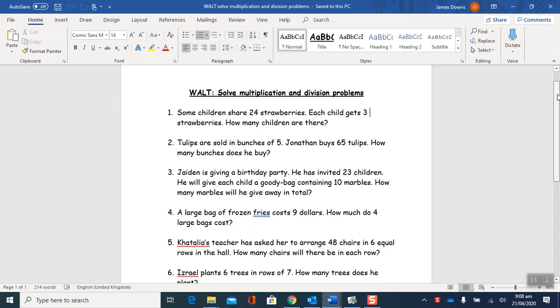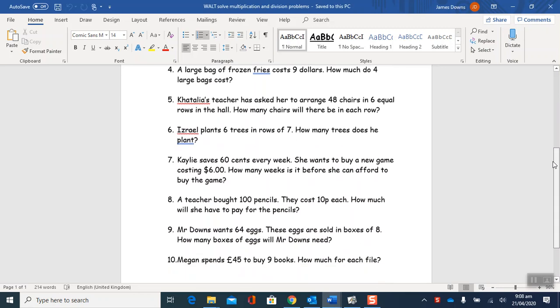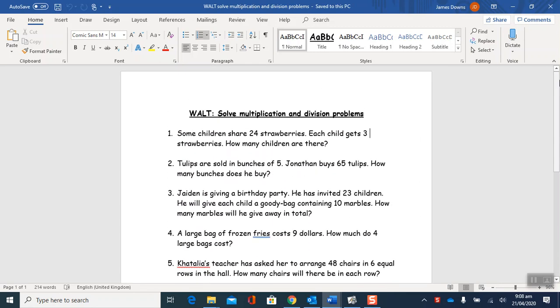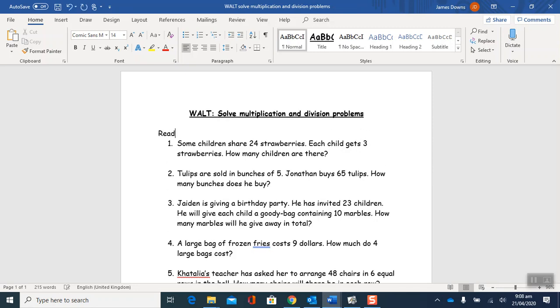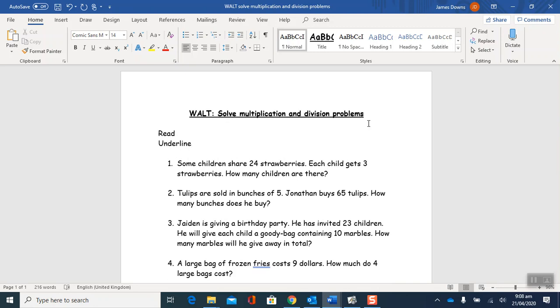So this is your task, your worksheet. There are 10 questions on here. Okay, not too many, but it's all about reading the question, remember. So we read through the question, we underline anything that's important, we decide what calculation it's going to be.